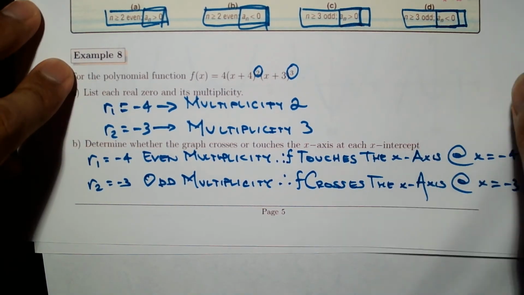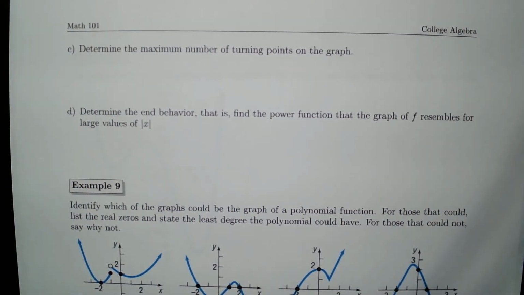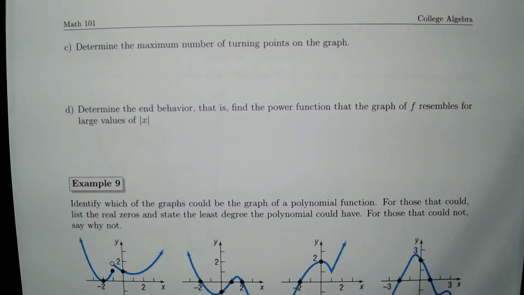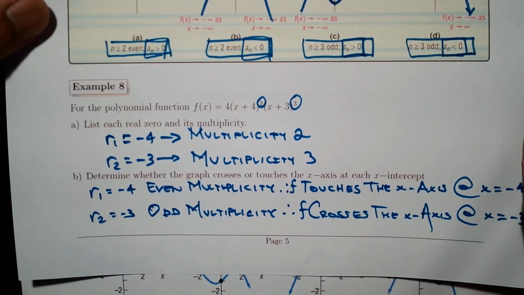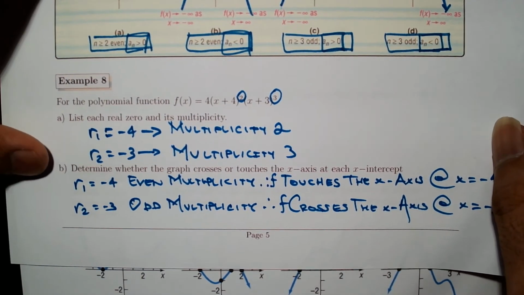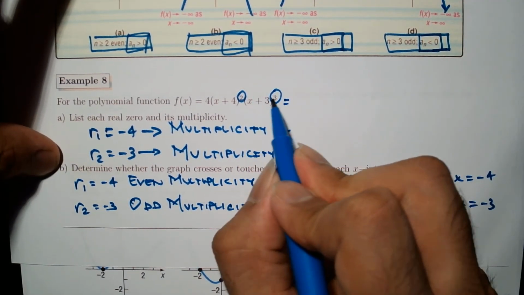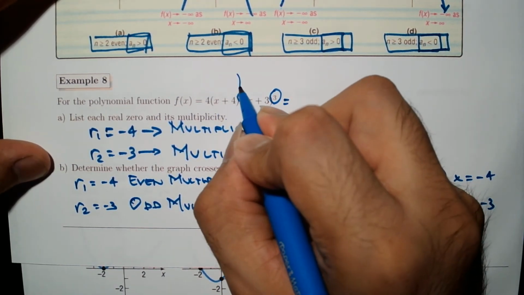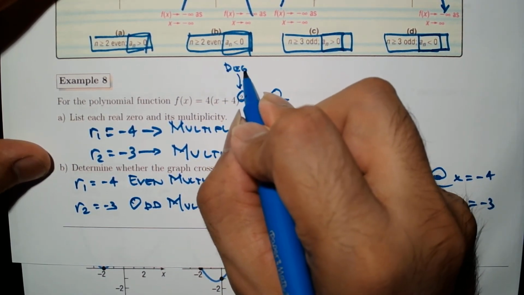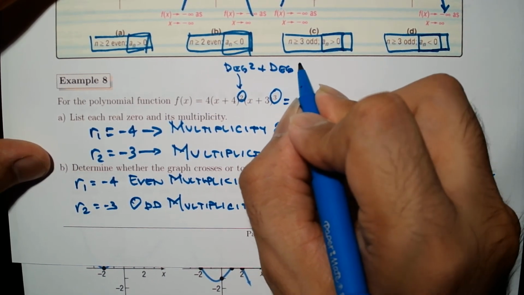Let's see what's next over here. Determine the maximum number of turning points on the graph. First of all, what kind of information do we need for that? We need to know what the degree is. In this case, I'm not going to expand this polynomial. Notice this is degree 2 plus degree 3.